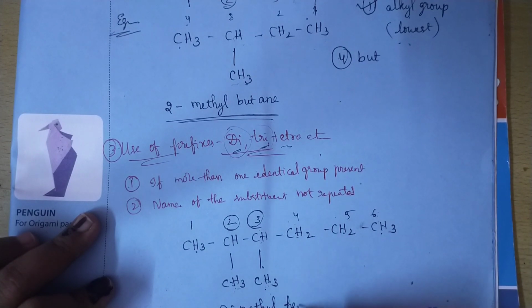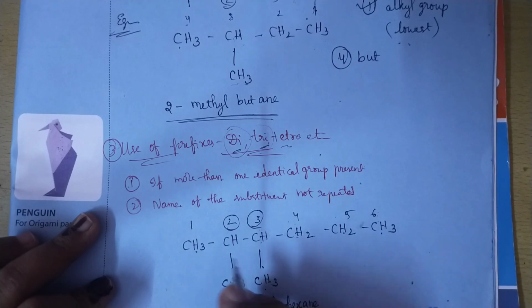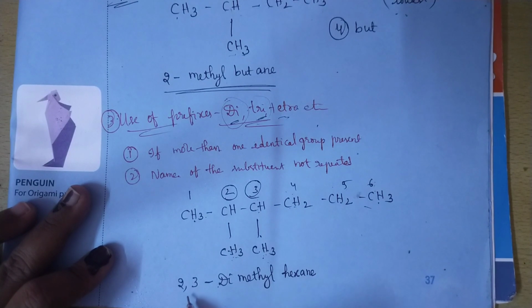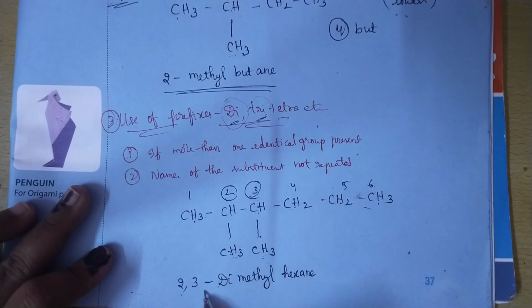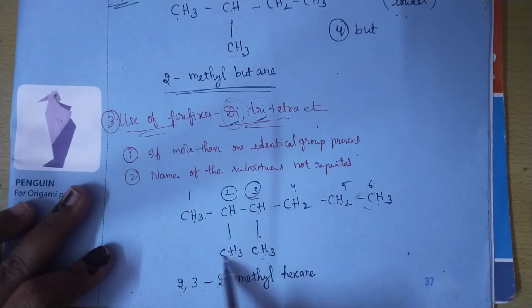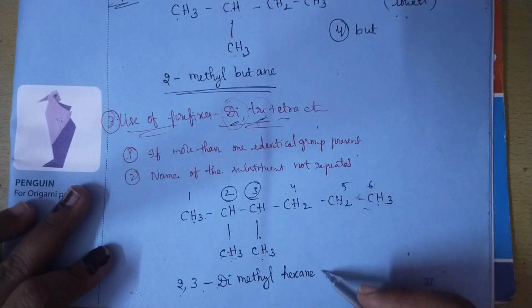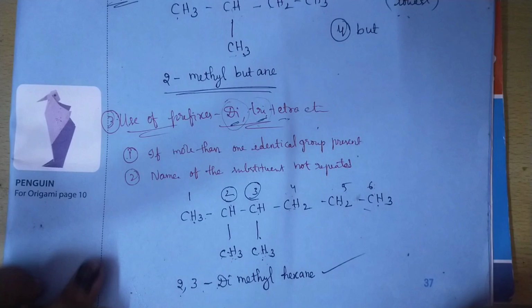Six, nothing but hex, and an for single bond, alkanes. So the name will be 2,3-dimethylhexane. So this is the third rule.